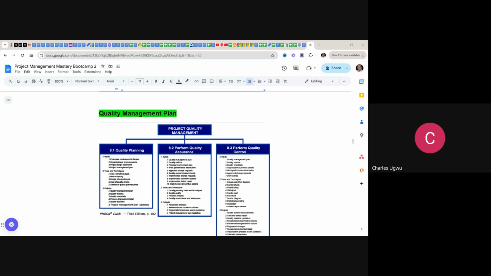When a problem has happened already, for instance, when a risk has become an issue, then we can use a fishbone diagram to solve that problem because it's already a problem. But when it's a risk, I don't think the fishbone comes in to help us find the root cause.